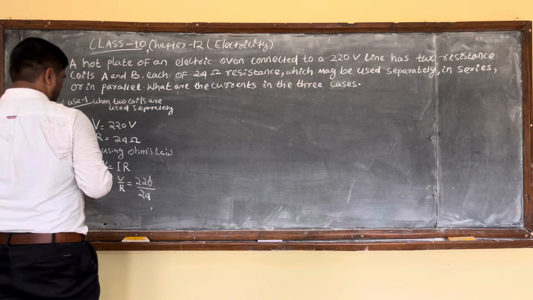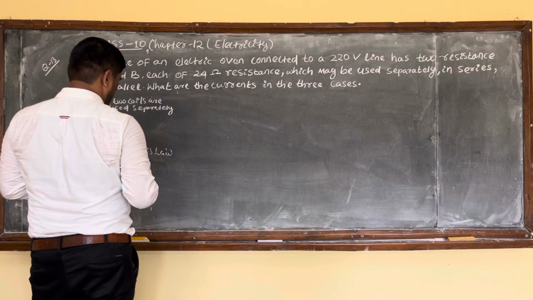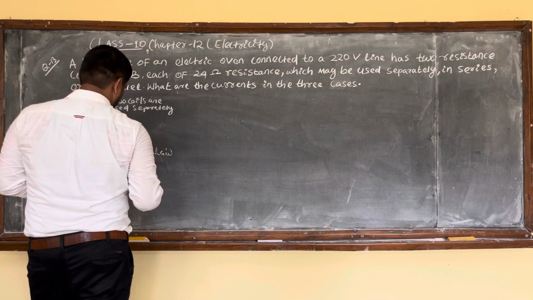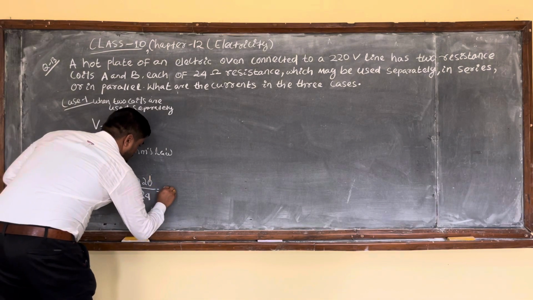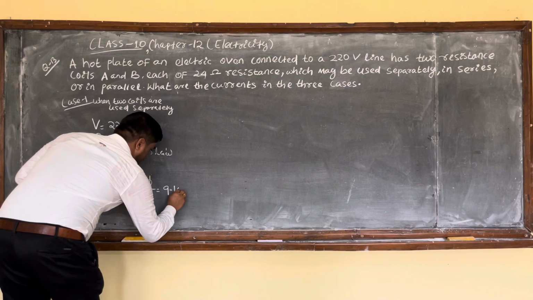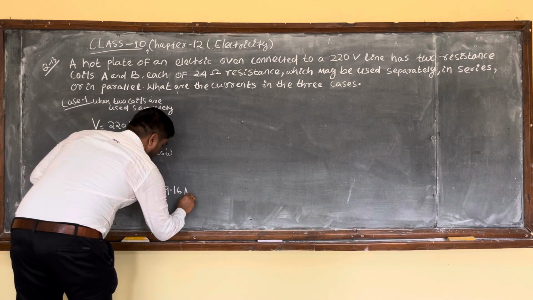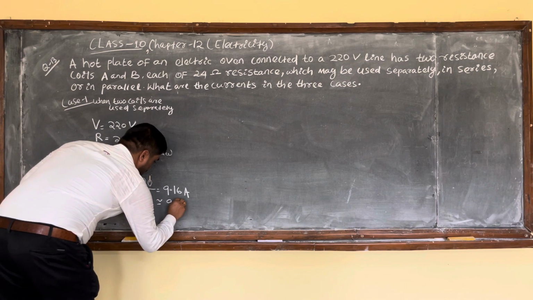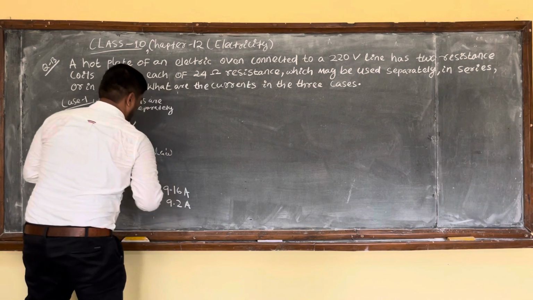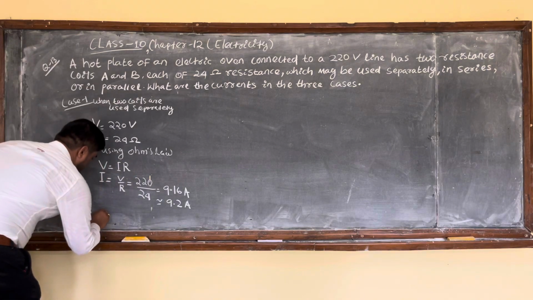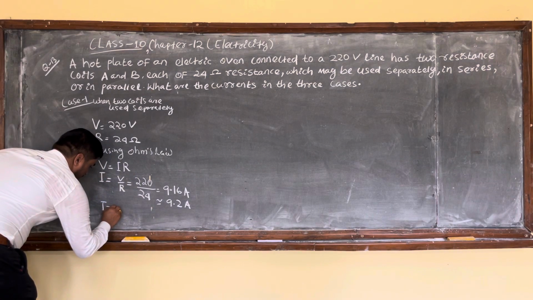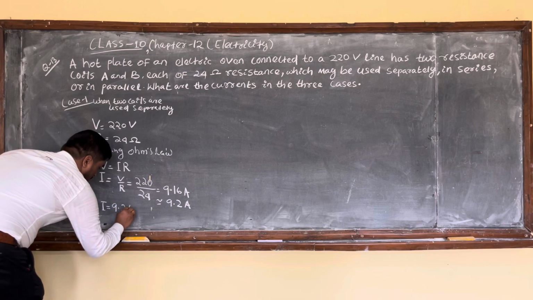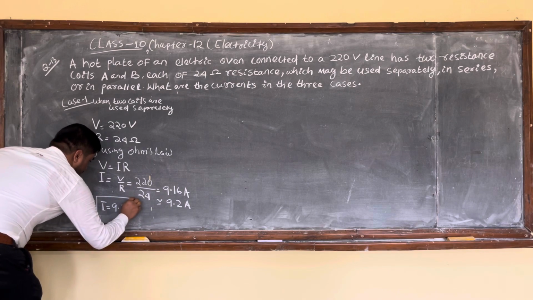When you divide 220 by 24, you find the answer 9.16 ampere, which is nearly equal to 9.2 ampere. So for the first case you find the current is 9.2 ampere.